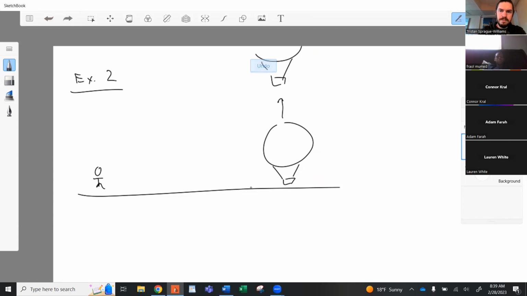Let's track the basket. Let's pay attention to the height of the basket, h. We're going to assume that we're at ground level. So we're looking at the balloon, and we are going to pay attention to this angle, theta.